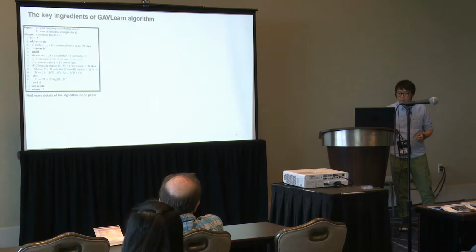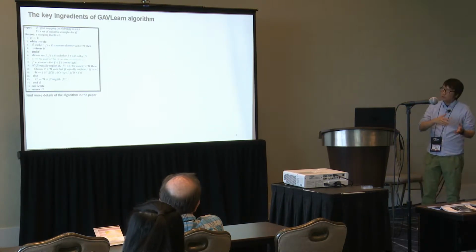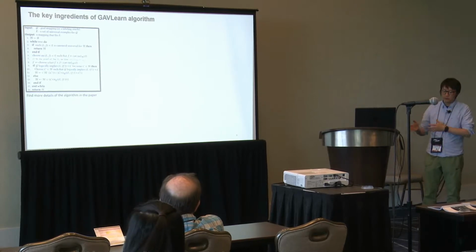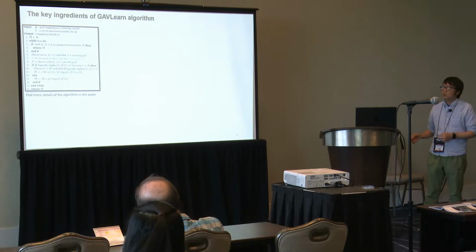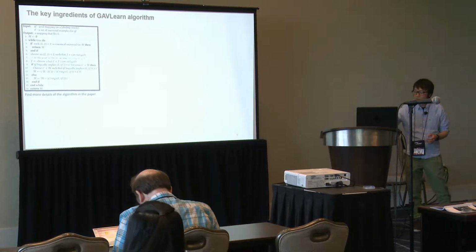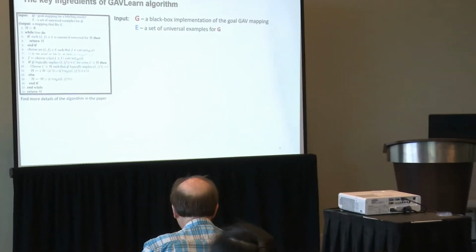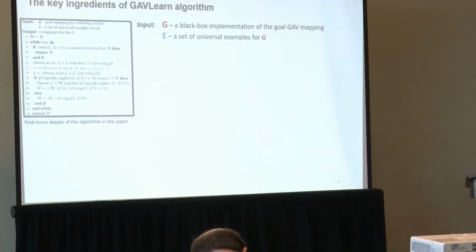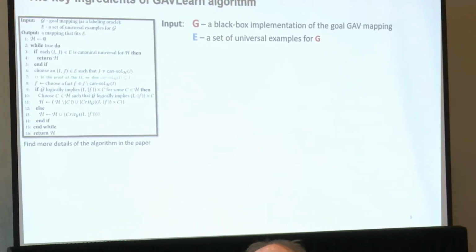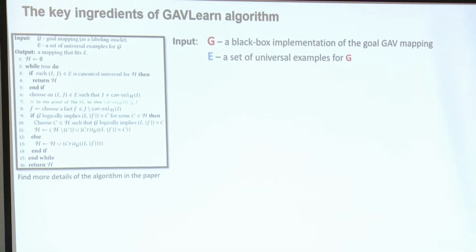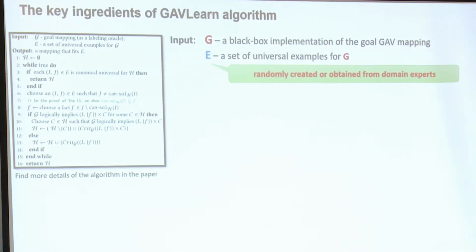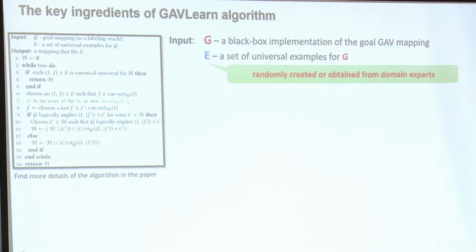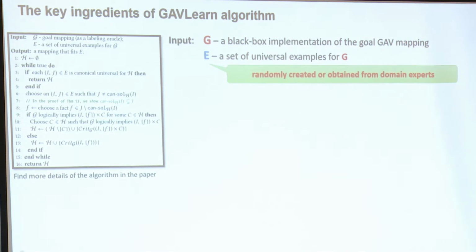Here we give the pseudocode of the algorithm, but due to limited time, I won't go through the details. Instead, I will just describe the key ingredients. First, the input to the algorithm contains G, which is a black box implementation of the Go GAV mapping, and E, which is a set of universal examples for G. In practice, E may be obtained from domain experts or randomly created.